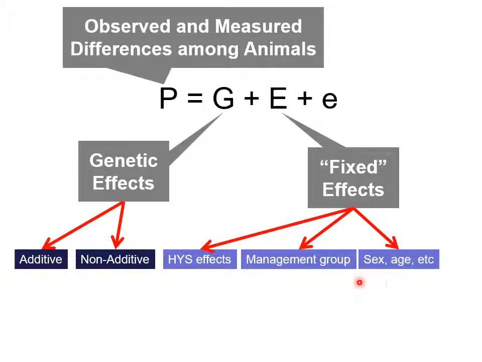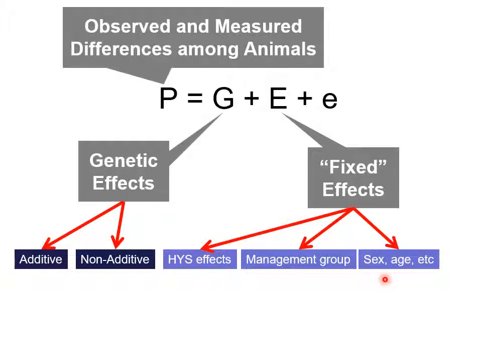And then other so-called fixed effects or environmental effects will be the sex of the animal. We know that males grow faster, for example, than females. A bull calf will be heavier at weaning, for example, than a female.